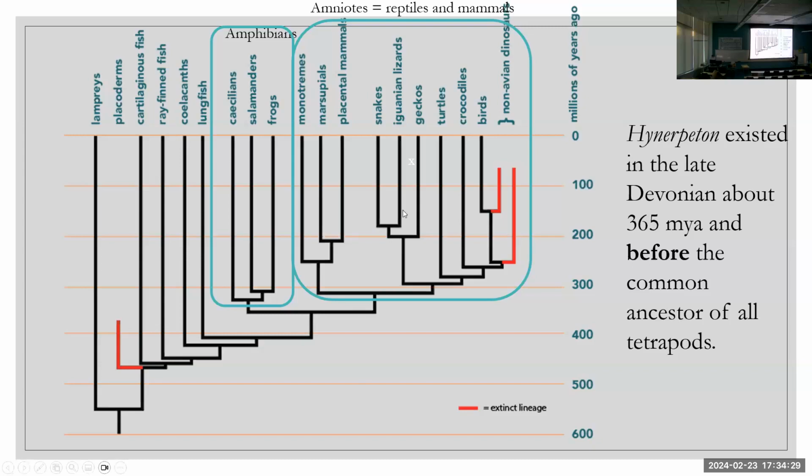I can't say for sure that it was on this line, part of the lineage that gave rise to modern amphibians and the amniotes, but it would have existed around this time period. So to say that it's an amphibian is incorrect.